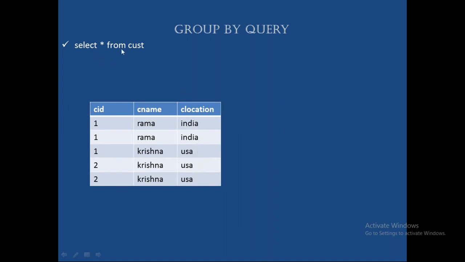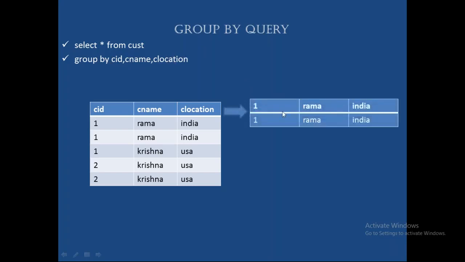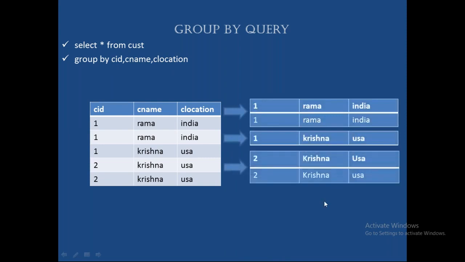Now you see, I'm just adding group by to this customer. Group by CID, CNAME, C location. Please group the records wherever customer ID, customer name, customer location are the same. Those should be one group. Now, first group is this, second group is this, third group is this. On this, if you want to do anything, you can do it.